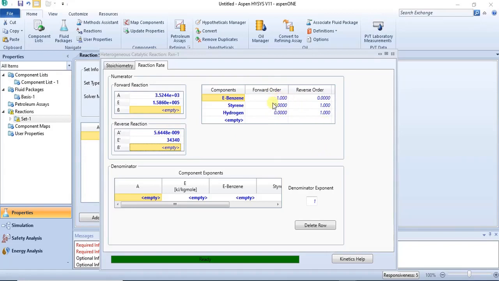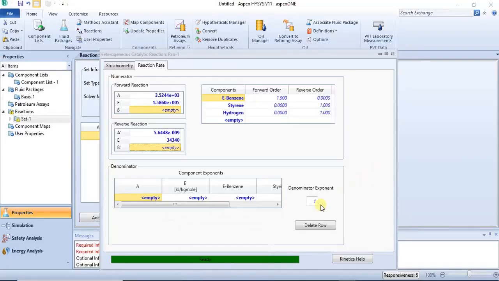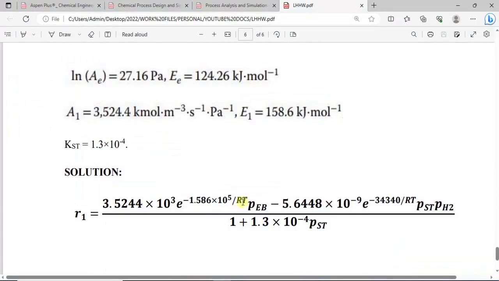So this is based on the concentration basis exponent, right? So the values you specify in the forward and reverse order is based on the concentration basis exponent. So for that you can still check the rate expression.